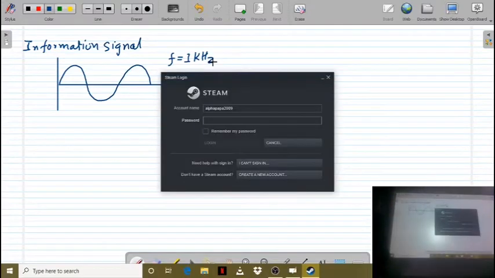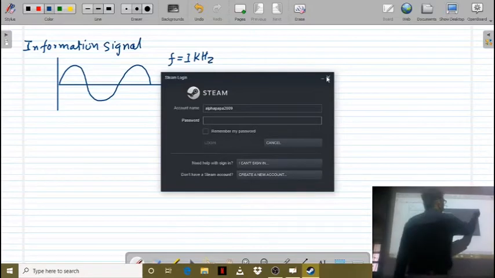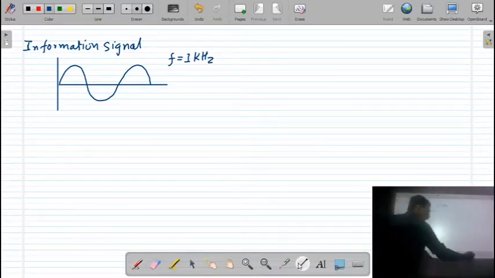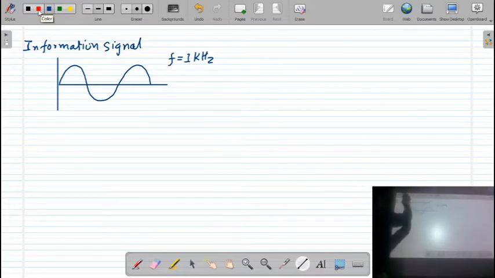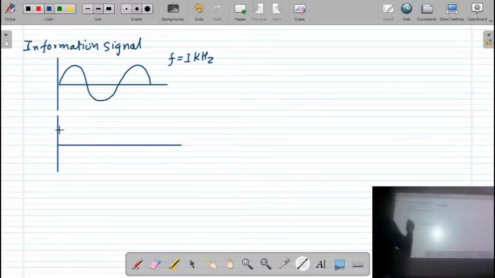Then if we are talking about a higher frequency, for the higher frequency the wavelength is going to be very small.